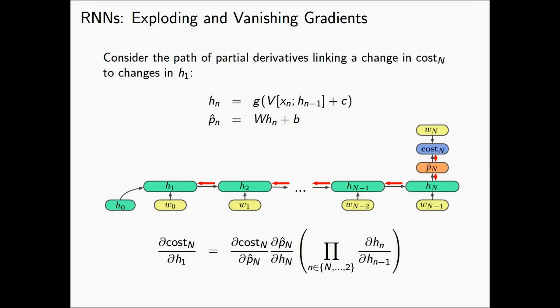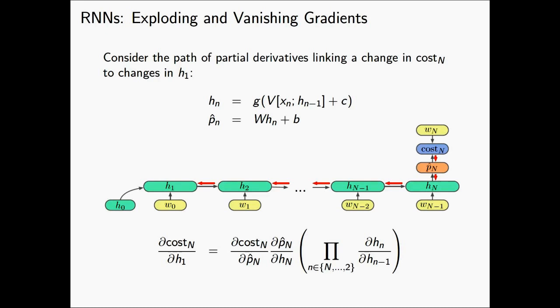So let's generalize a bit and go beyond 4 time steps and just think in the limit of a long sequence of length capital N, we're going to end up with this product at the bottom. So again, there's those first few partial derivative terms, and then we're going to get a long product of these partial derivatives of the hidden layer at time step n with respect to the hidden layer at time step n-1.